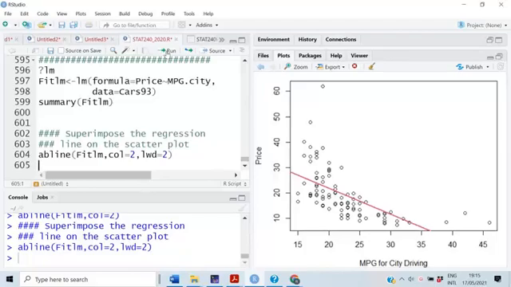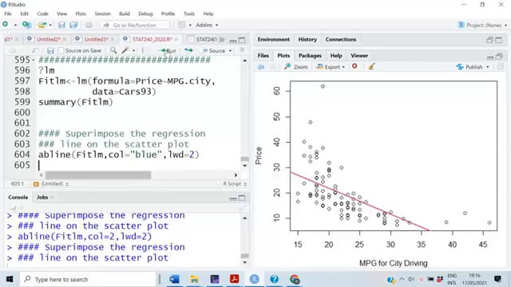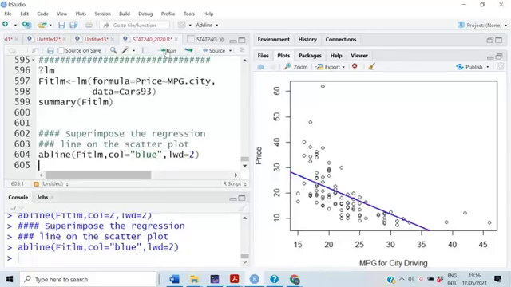The red line is color number 2. If I want a blue line, I can also put blue in quotation marks like this, and I'll get blue. So you can either get colors by the numerals, or you can use a color name.